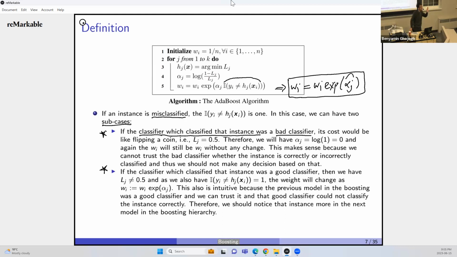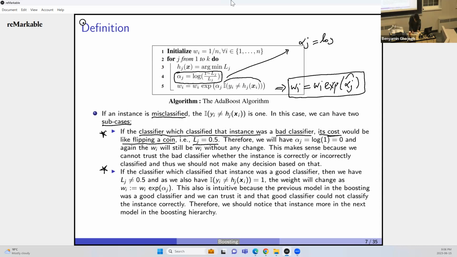So if the classifier which classified that instance was a bad classifier, its cost would be like flipping a coin, right? It's a random classifier. Then Lj becomes almost half. Assume Lj is the probability of belonging to the class. If it's half, it means it's binary classification and it's completely confused, right? Now take a look at line 4, alpha j. If you set Lj to half, what happens?